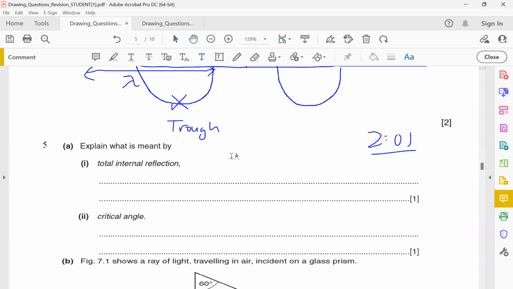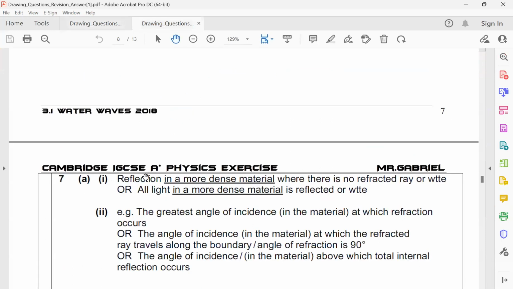Guys, total internal reflection can only occur after your angle has exceeded the critical angle. And the second condition for total internal reflection to occur is that it must be from more dense to less dense. For example, if you pour water on the ground, you see a reflection, that one is not called total internal reflection. It must be from the water looking upwards. The answer given is reflection in the more dense material where there is no refracted rays.